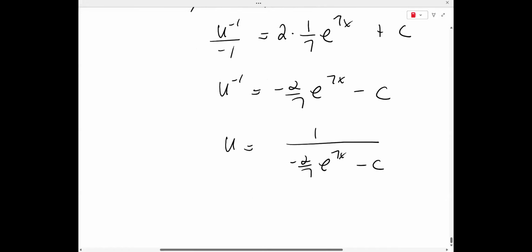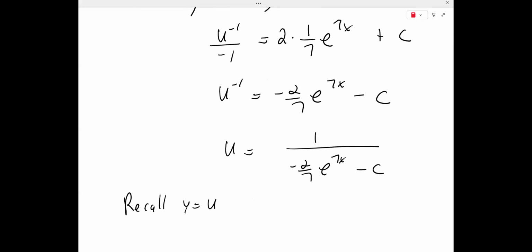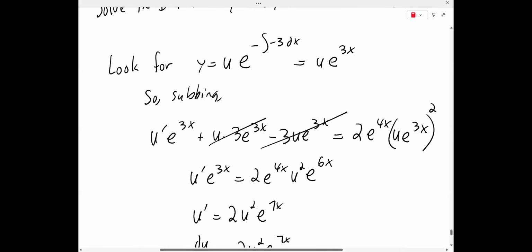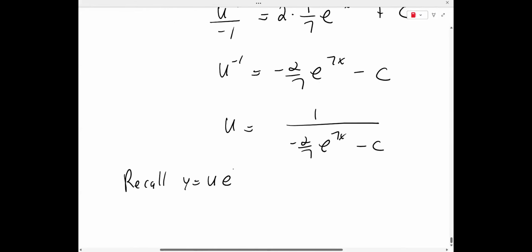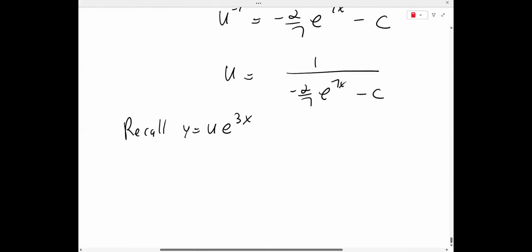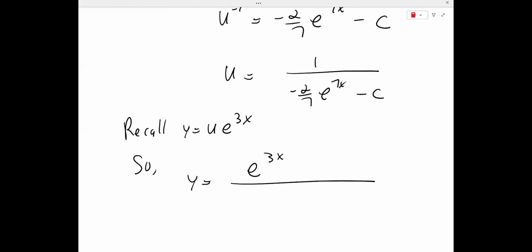Okay. And now recall that y is equal to u times, what was it, e to the 3x, right? So now we have y is equal to e to the 3x over this down here, like that.